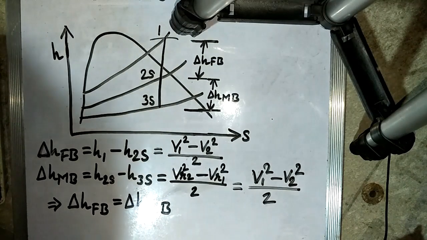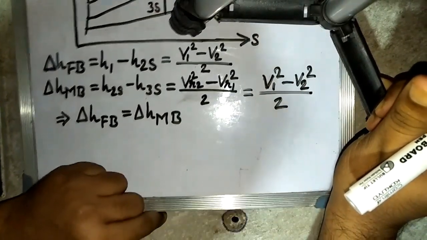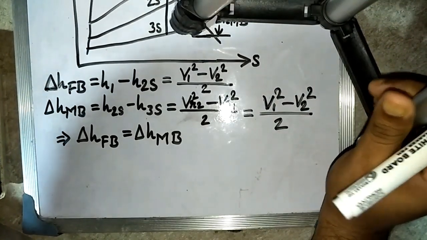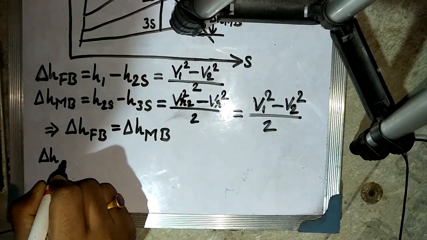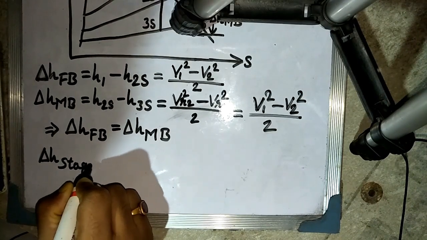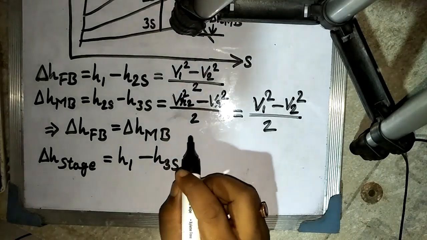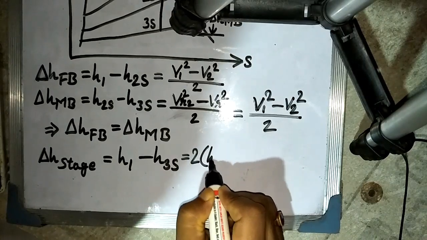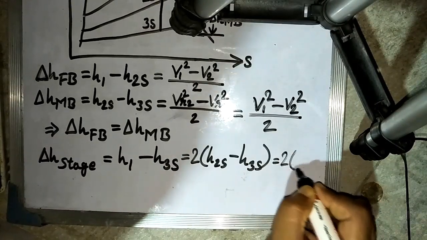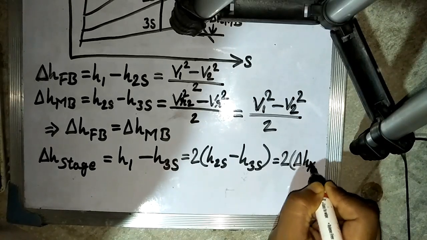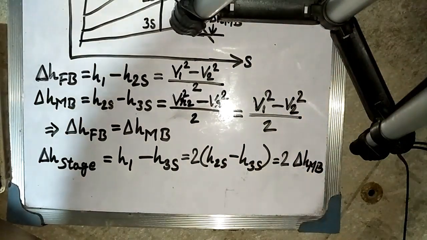Now the total stage enthalpy drop, we can write del H stage is equal to H1 minus H3S, or that is equal to 2 into H2S minus H3S, which is equal to 2 into the enthalpy drop in the moving blade.